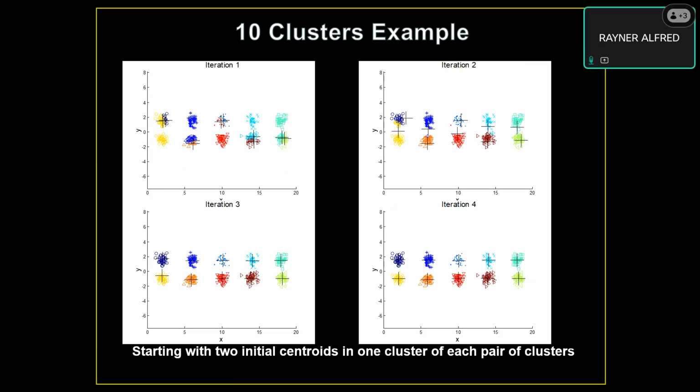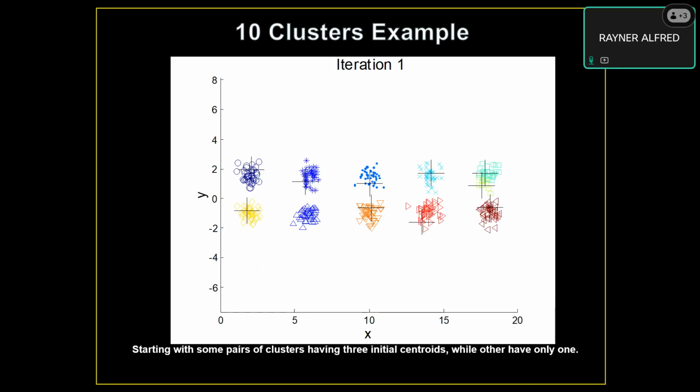But given another random selection for the centroid, we will not have a good one. In other words, every time we run our clustering, we will get different centroids, and thus we will get different clustering results. That's why we need to pick the one that gives us the smallest error, to indicate that we have a good quality clustering result.